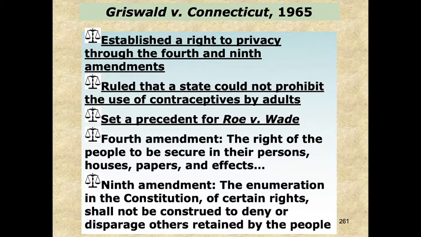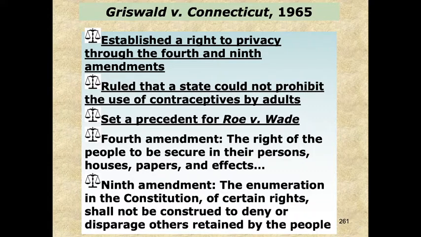And really, the greater importance of this case is that later on in the 70s, when Roe versus Wade comes around and we're arguing about abortion, this is one of those cases that is used as a precedent for Roe versus Wade. So that means that they're using this case to establish the groundwork on how to decide Roe versus Wade.